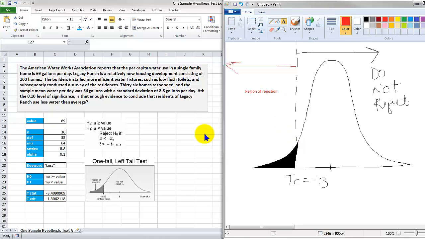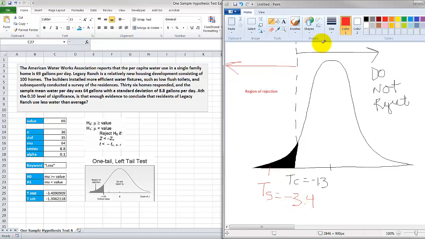Okay, so now we have to find out where this test stat lies. The test stat is -3.4. We determined that already. We know -3.4 is to the left of this -1.3, so I'm just going to arbitrarily draw it here, and this is where the test stat lies, and it's -3.4.